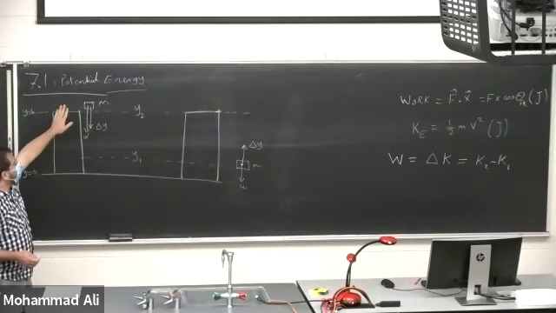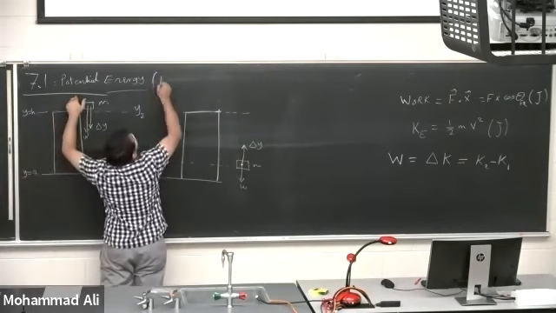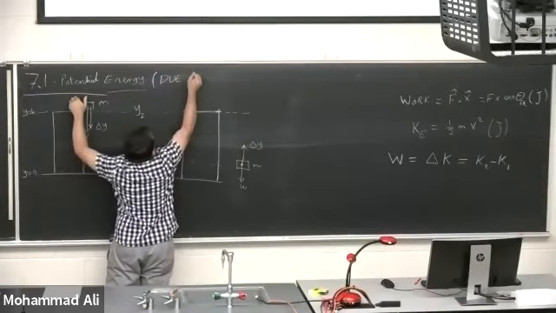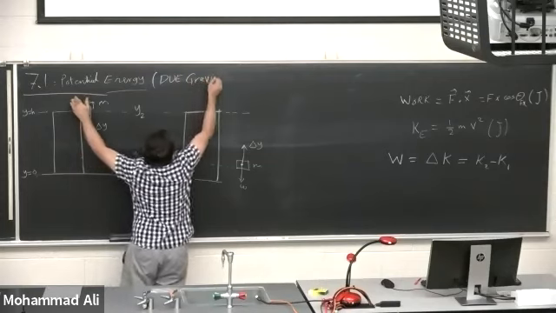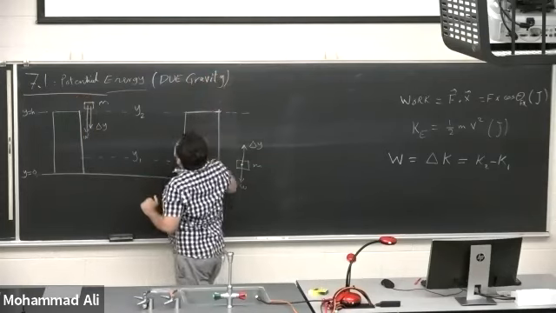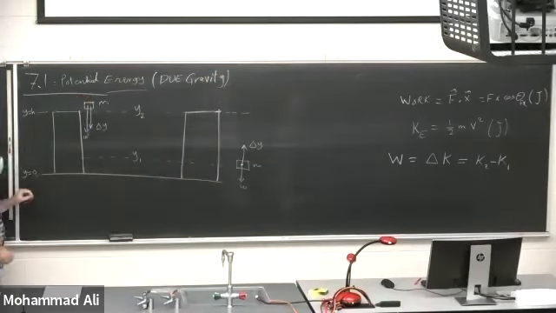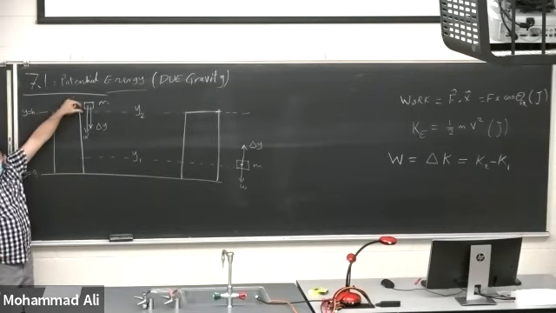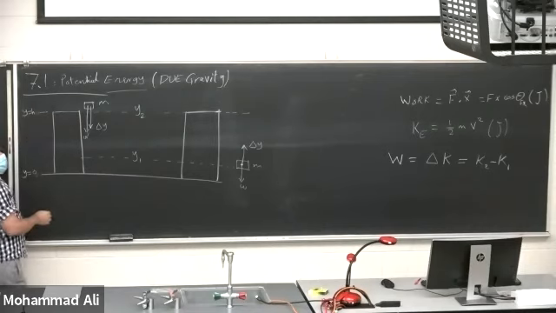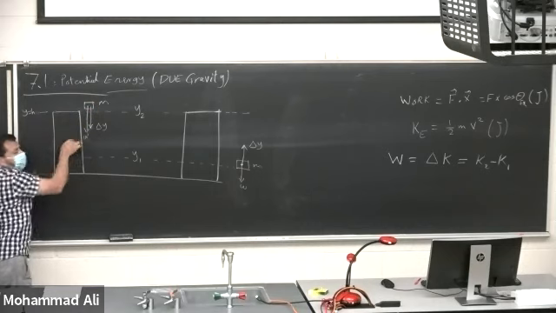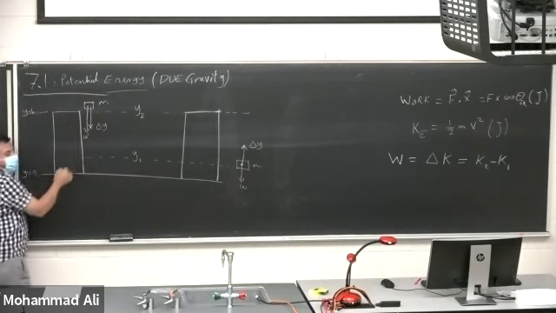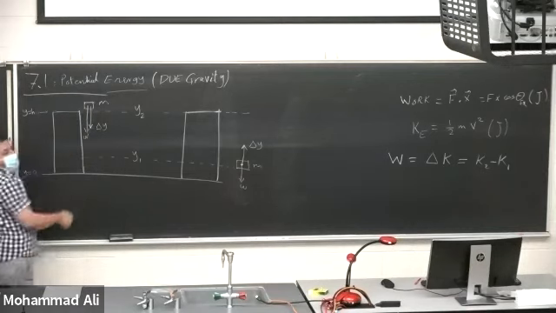We are talking about the potential energy due to gravity. Now, if we move this object down, then there is a force acting on that object, which is the weight, and the displacement is downward.